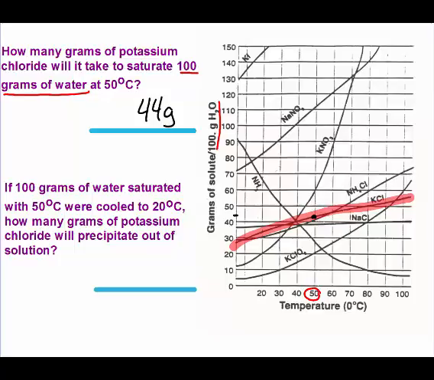For the next question, it says if I have 100 grams of water, so again, don't care about that piece, saturated at 50 degrees, and it's cooled to 20 degrees, how much potassium chloride will precipitate out? So I'm starting at 50 and I'm going to 20. I'm still looking at potassium chloride.